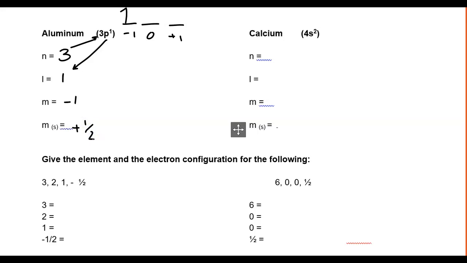All right, for giving the element and the electron configuration for each of the following, we're going to go ahead and work backwards. And so we have 3, so this will be principal energy level number 3. And in the third row, we have 2, so we know that this is a D subshell.